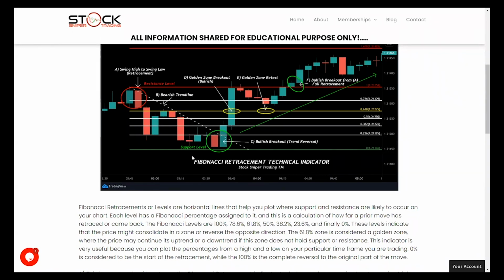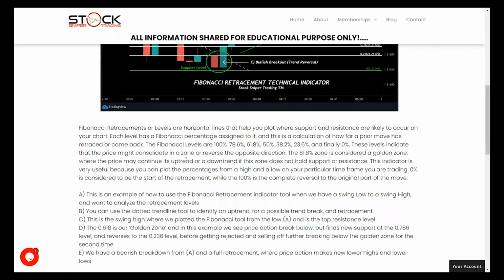Okay, thank you. So Fibonacci retracements are levels or horizontal lines that help you plot where support and resistance are likely to occur on your chart. Each level has a Fibonacci percentage assigned to it. And this is a calculation of how far a prior move has retraced or came back.